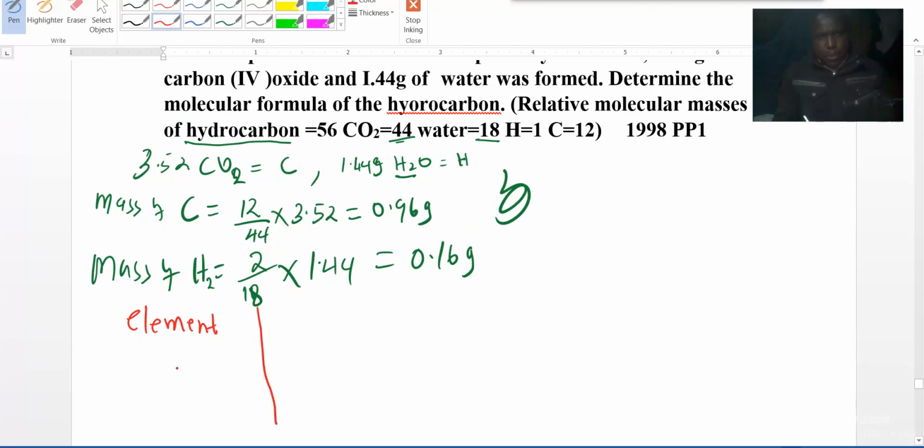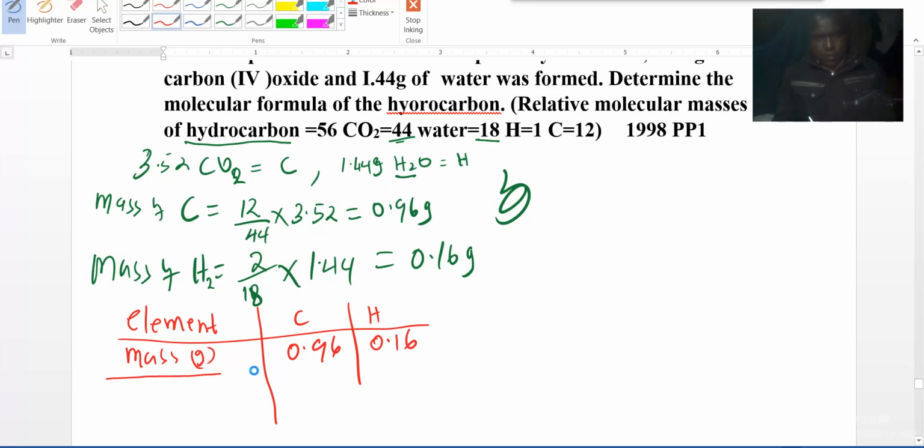We have two elements, carbon and hydrogen. So mass in grams, carbon is 0.96, hydrogen is 0.16. Next is RAM. For carbon it is 12, for hydrogen it is 1.